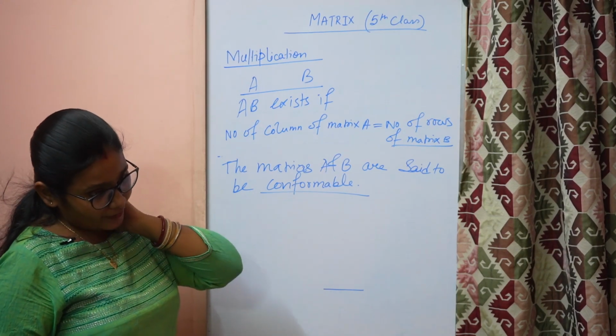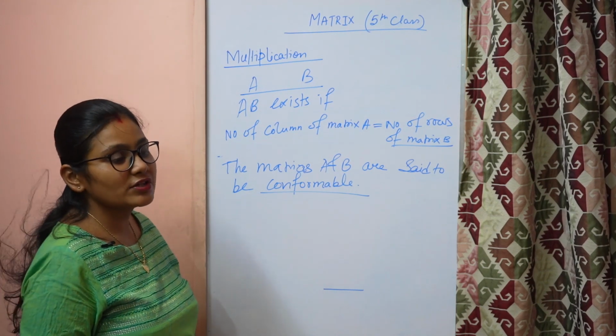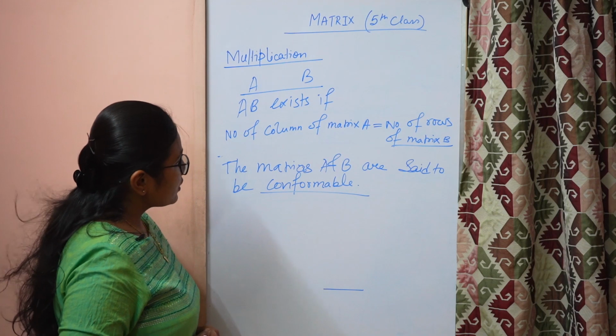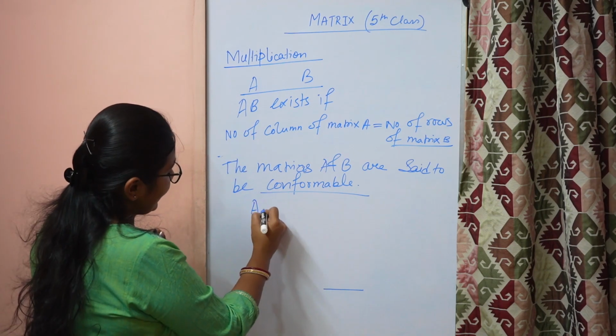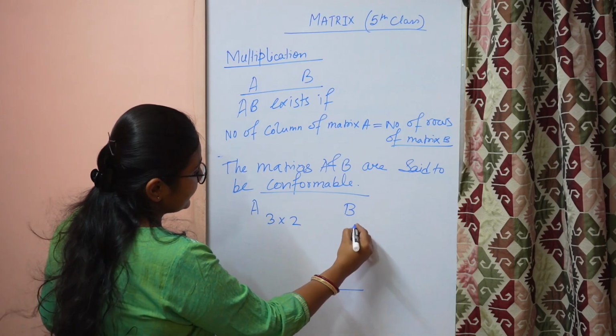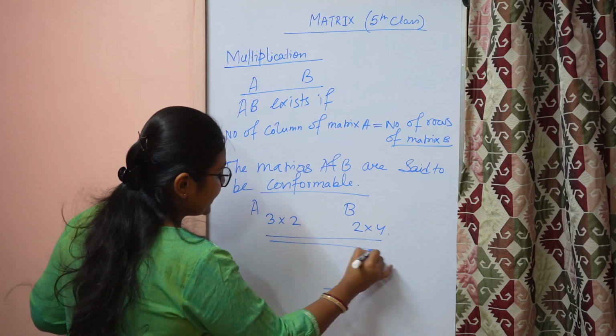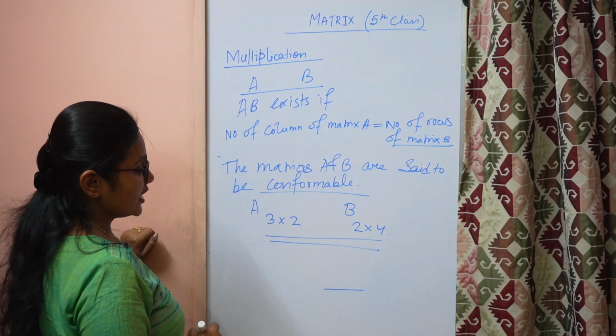So how can you check? In this way you can check whether the product of these two matrices exists or not. Suppose the order of matrix A is 3 cross 2 and the order of matrix B is 2 cross 4. Does the multiplication of these two matrices exist, yes or no?